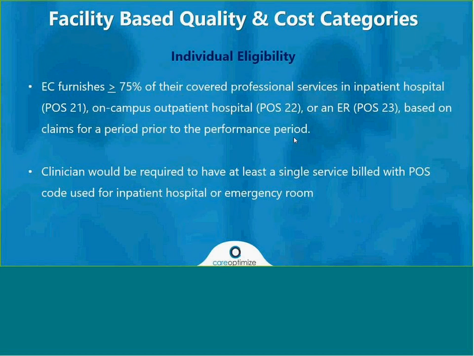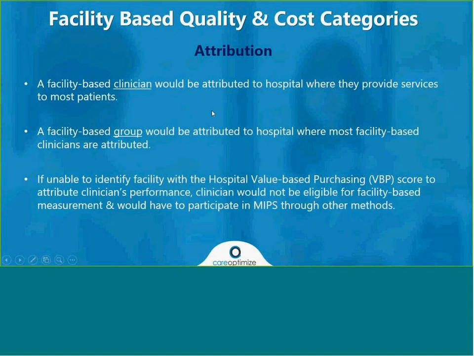So as long as you've got greater than 75% inpatient hospital and a 21, 22, or 23 as your place of service. You also would have to have at least a single service billed with a place of service code for an inpatient or an emergency room. Okay, so if you're looking at it individually, not group, you've got to hit that 75% number.